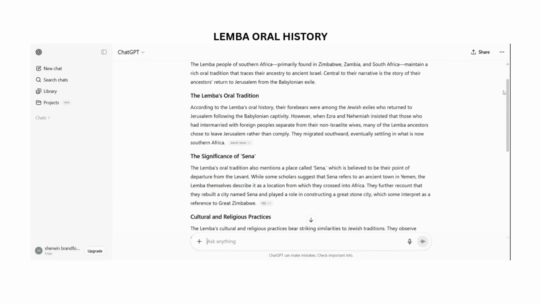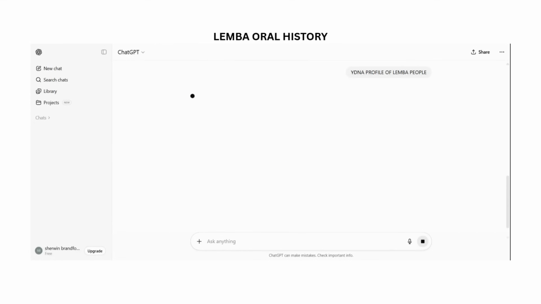Now, that's significant because, let's take a look here. Y-DNA profile of Lemba people. And remember, Y-DNA is the paternal line.